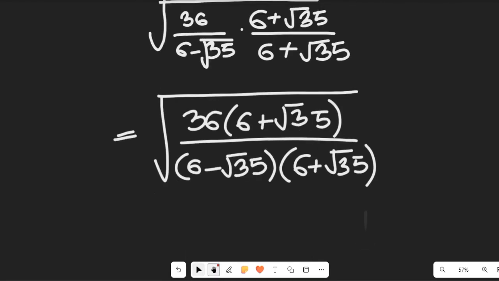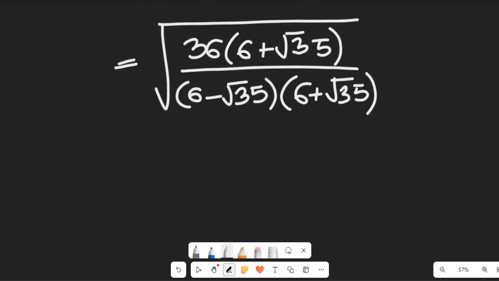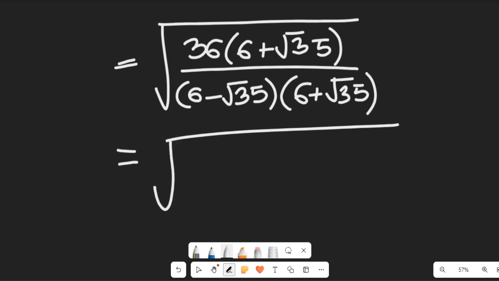Great. In the next step, we are going to simplify further. If we simplify further, that expression becomes 36 multiplied by 6, which gives me 216, right? Plus 36 multiplying the square root of 35.